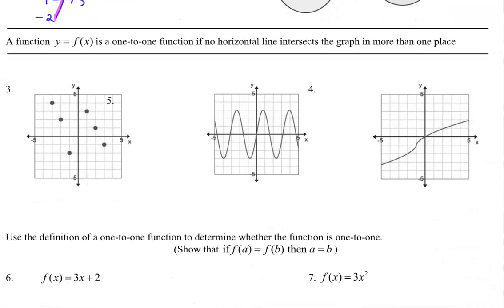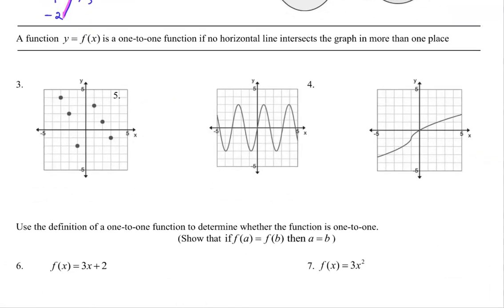Examples 3, 4, and 5 show us how we can use the graph of a function to determine whether or not it is one-to-one. A one-to-one function will pass the horizontal line test, which means that if you were to draw a horizontal line on the graph, that horizontal line should only touch the function once.